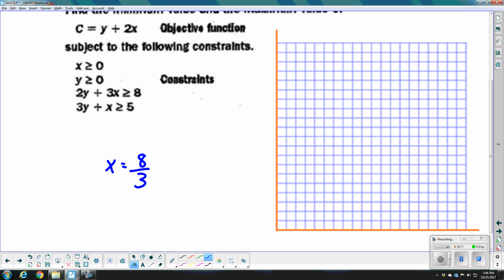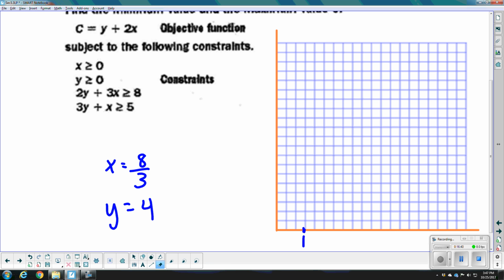I'm going to figure out my y-intercept first before I decide what kind of scale I'm going to use, because I might use each one of these as 1/3, where this is 1. But let's look and see what the next intercept is. So my y is 8 divided by 2 if x is 0, which is 4.